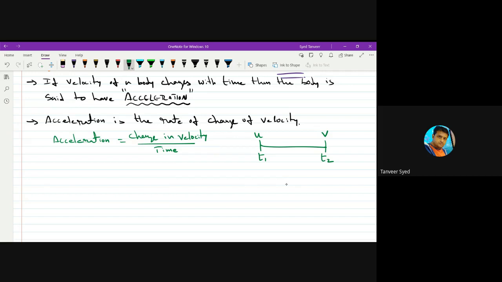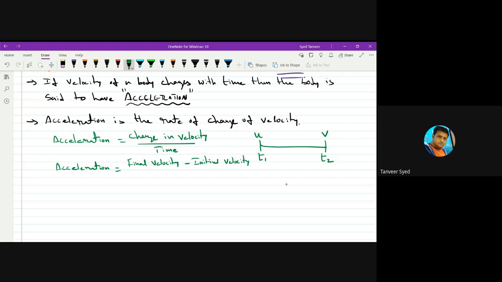At time t1 velocity is u, at time t2 velocity is v. Then from the definition of acceleration, it is change in velocity. Change in any value is final value minus initial value. So final velocity minus initial velocity.